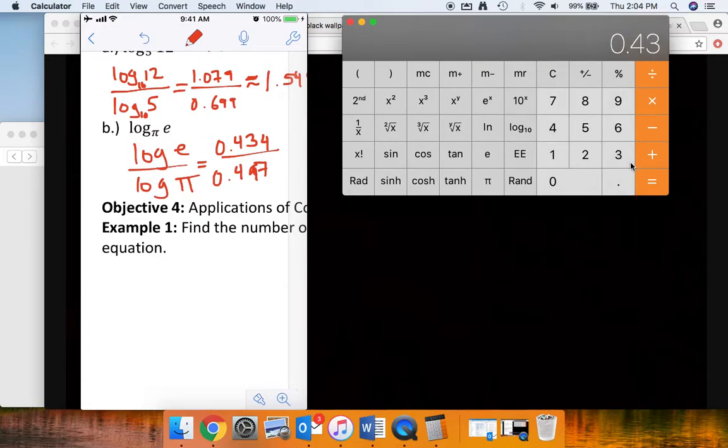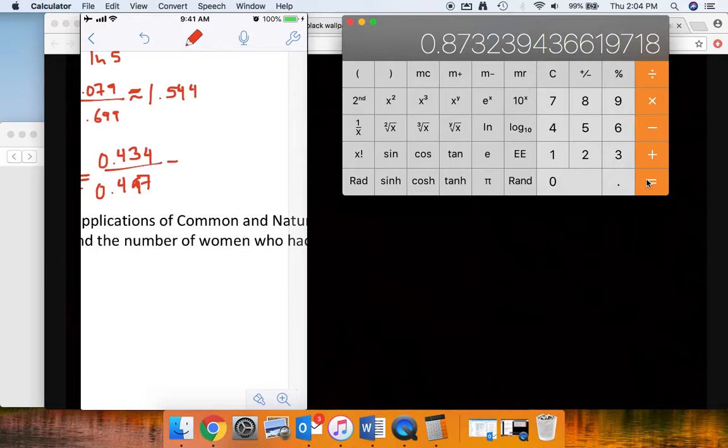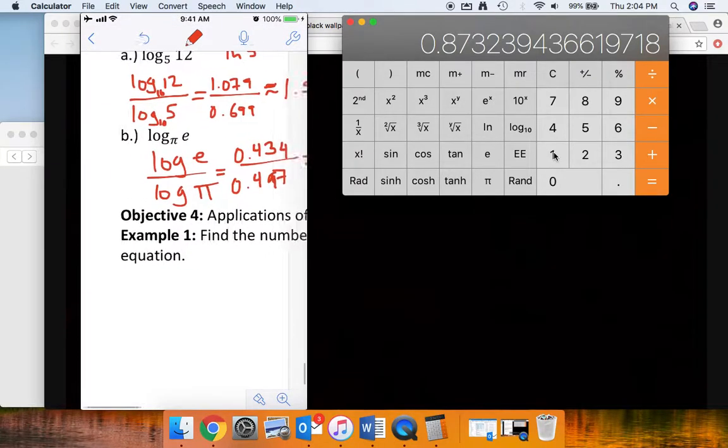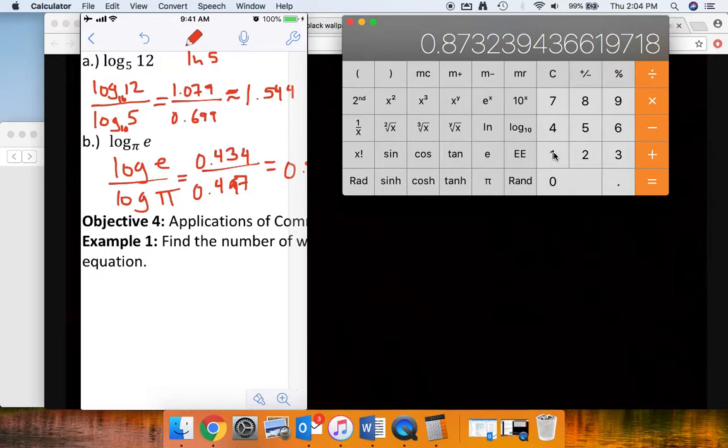So 0.434 divided by 0.497. Okay, cool. So that is 0.873. That wasn't super hard, right? We know pi equals 3.14. We know e is 2.71. So really, it's kind of like example C. Like, it's really not that hard.